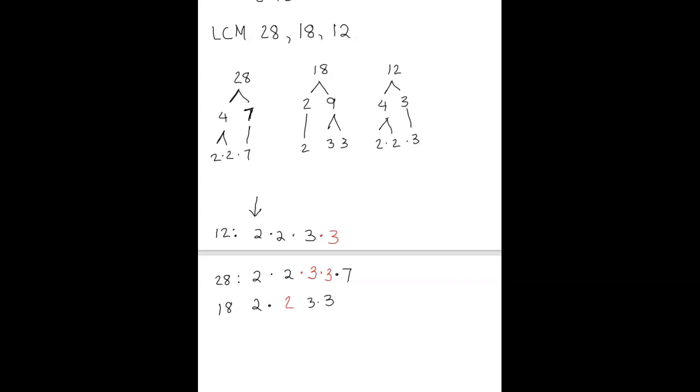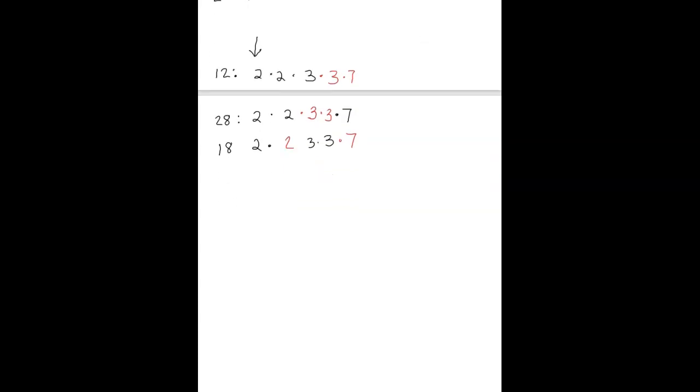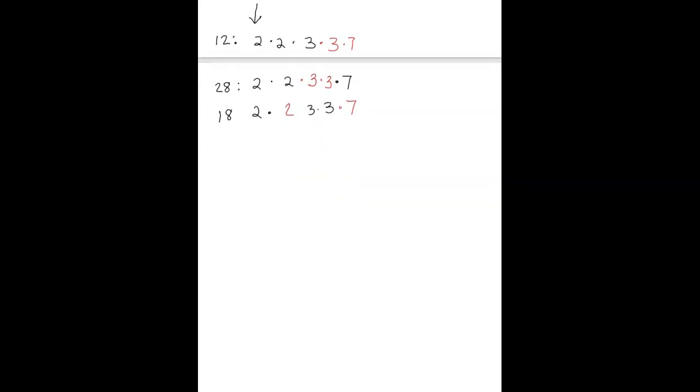And now both of these, this 12 and this 18, still need a 7 because that's a factor in this 28. All right, so I'm going to have a 7 and a 7. So what do I need in order to get my 12, 28, and my 18 all to have the same multiple?